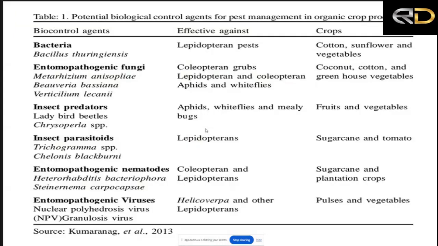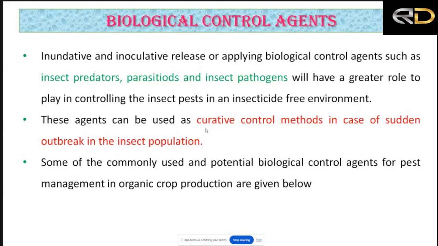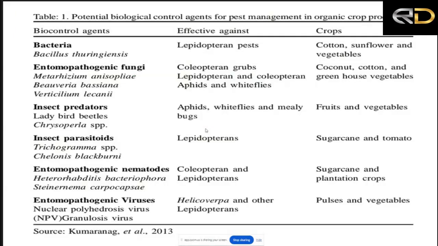Some examples of biological control agents used for pest management come under bacteria. Just now in biopesticides I gave the example of Bacillus thuringiensis.